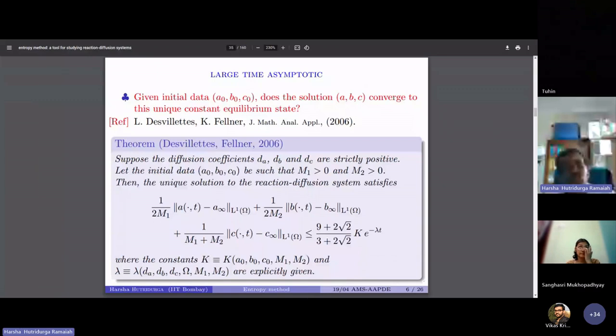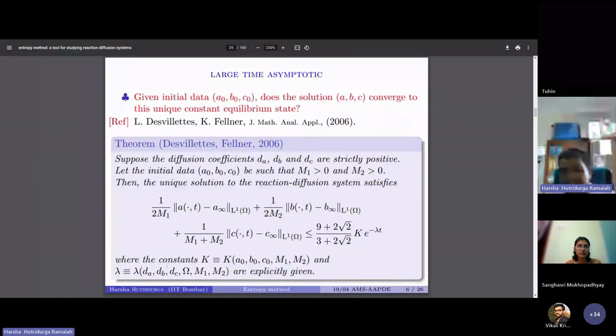You can, in principle, compute these constants. They are determined by the initial data that you give, which essentially determines what M1 and M2 are. They also depend on the strictly positive diffusion coefficients in the reaction diffusion system. So this is the result.